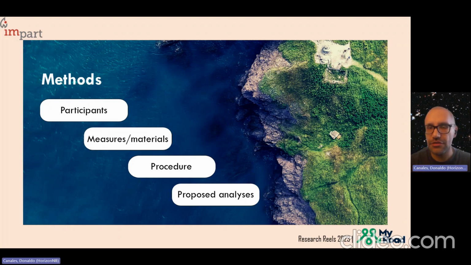It should be sufficiently detailed that it would allow a reader to evaluate the appropriateness of your methods. It should be detailed enough that other people can assess the reliability and the validity of your results. And importantly, it should be detailed enough that other researchers can replicate your study.